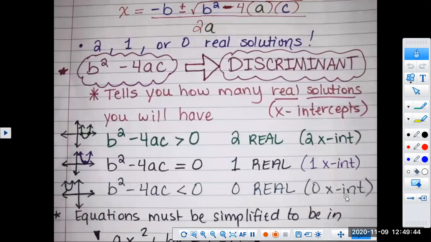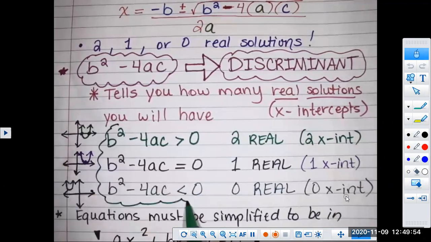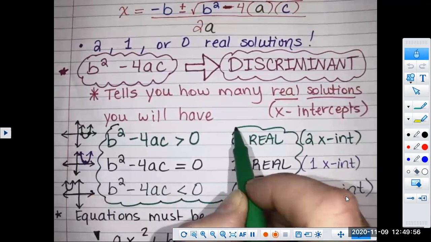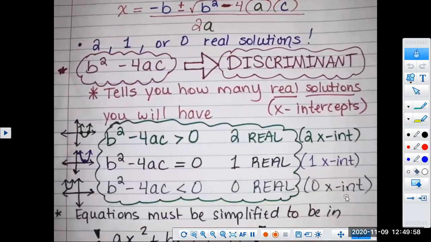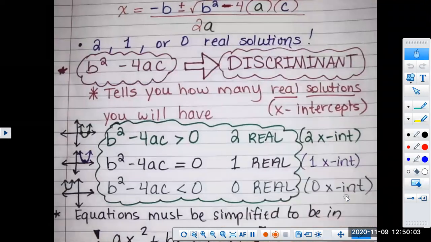You don't have to draw these little graphs over here on the left unless you just want to, and you don't have to say it's 2 x-intercepts, like we've already talked about that. Just make sure you get that. It's only the b squared minus 4ac. You do not include the radical. Don't include that square root.